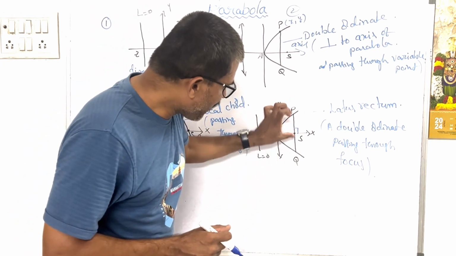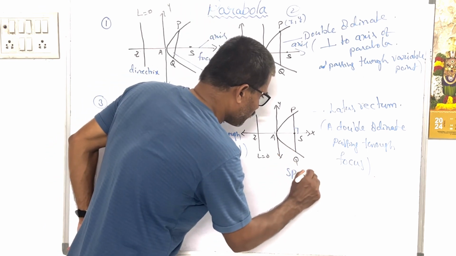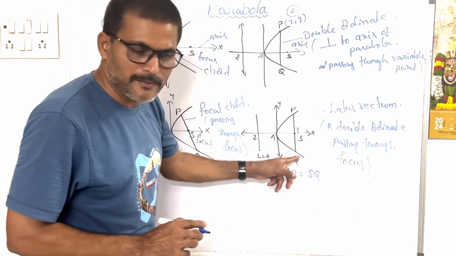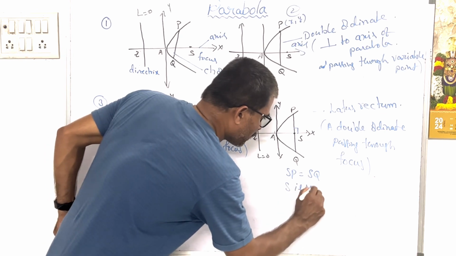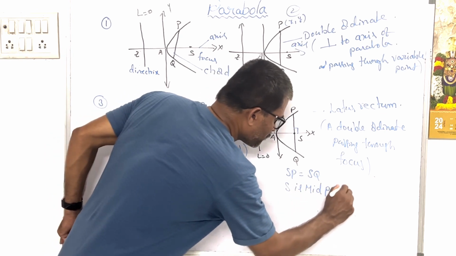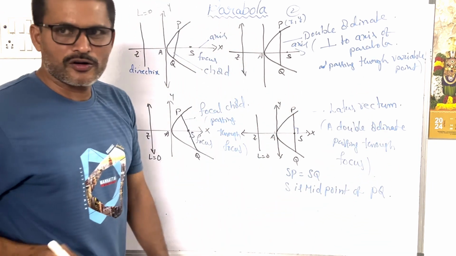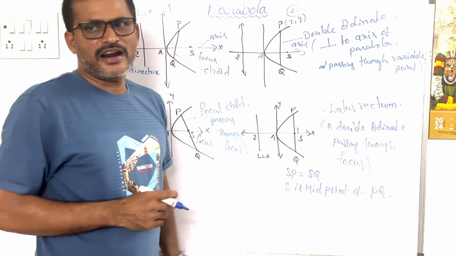Now this part and this part, SP and SQ, SP equal to SQ is always equal. So the focus is the midpoint of PQ. S is the midpoint of PQ. So this is the definition of latus rectum.